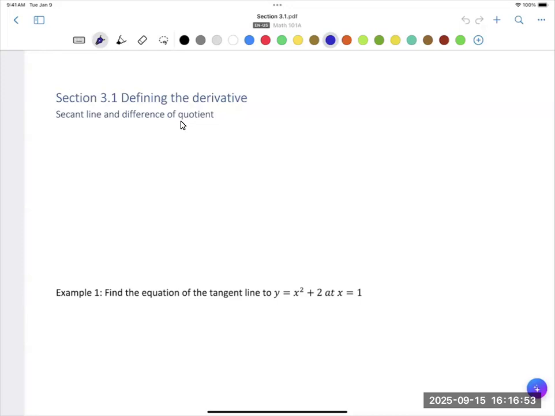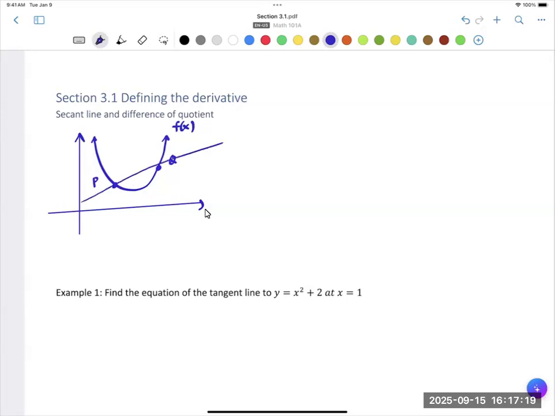So in calculus, or in mathematics, let's say you have a graph. I'm going to pick any 2 points on the graph and call them P and Q. If you have a graph of a function f of x and any 2 points P and Q on the graph, connect those 2 points with a line.